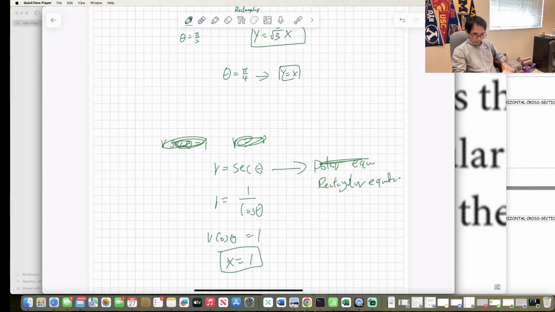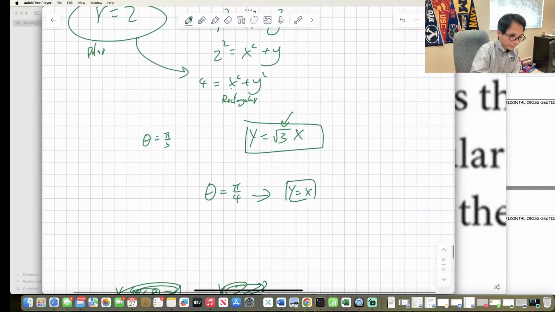This is like a pre-cal, very fast pace. Can you explain theta equals pi over 3 equals y equals root 3x? So I hear pi over 3, right?